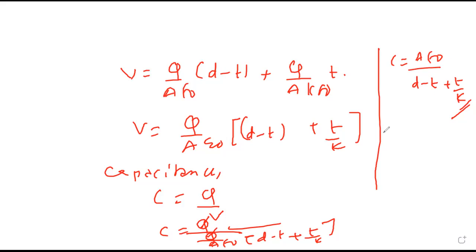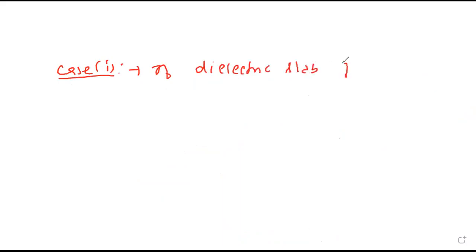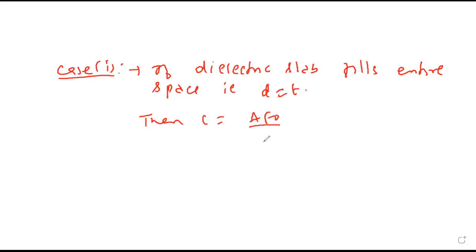Yes. Okay. Case 1. If the dielectric slab fills the entire space, that is d becomes T, then C is A epsilon naught upon d minus T plus T upon K. This will become 0 and this is d.